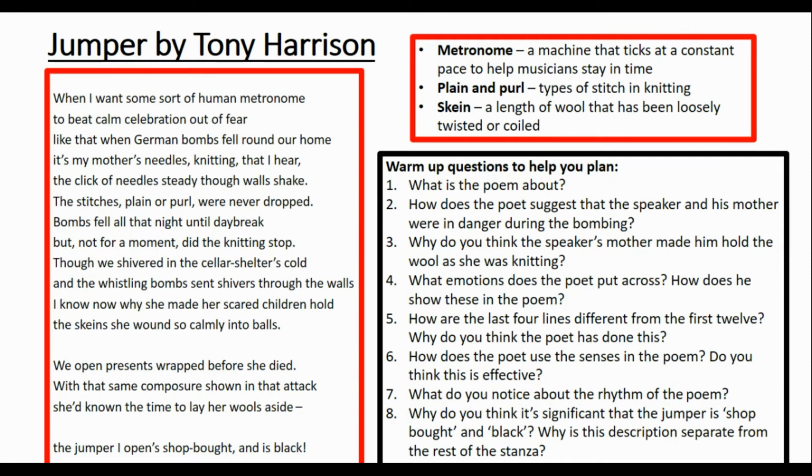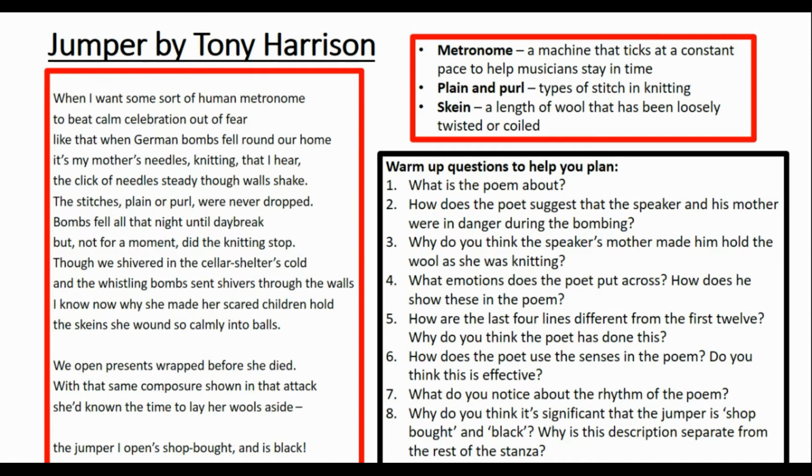This will usually be at the bottom of the poetry sheet, so it will let you know these say old-fashioned or unusual words. So, for example here, metronome is a machine that ticks at a constant pace to help musicians stay in time. So they will put this machine on and it will go tick, tick, tick, as fast or as slow as they need the rhythm to be.